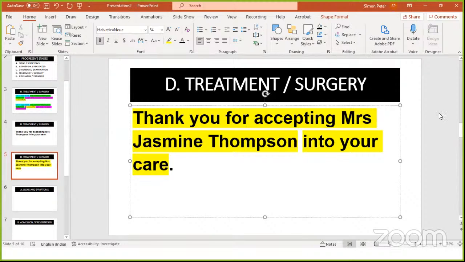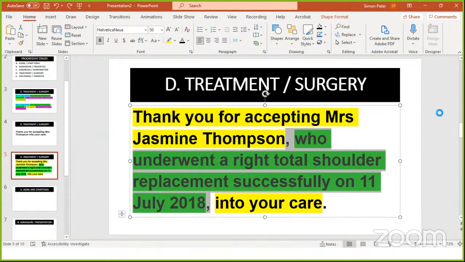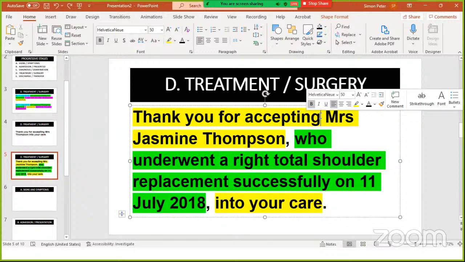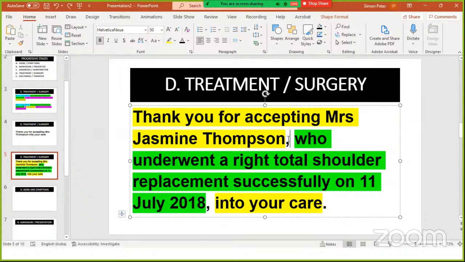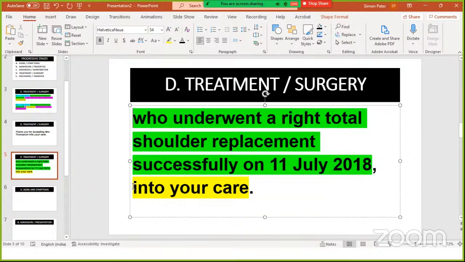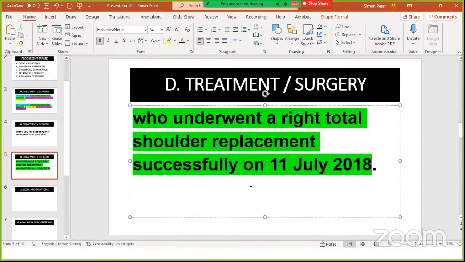And now what we did, we separated these two and put, okay, now this Jasmine Thompson means who? Who means Jasmine Thompson? We will remove before the comma and after the comma. Who underwent a right total shoulder replacement successfully on 11 July 2018.